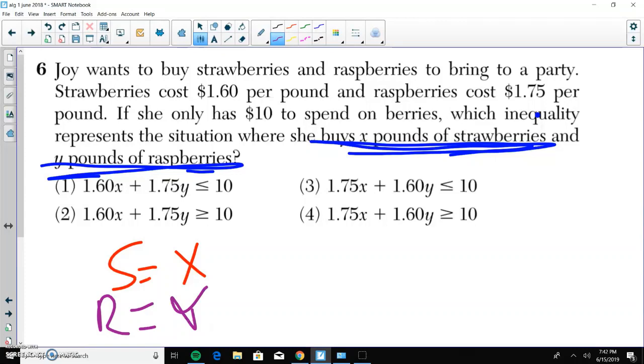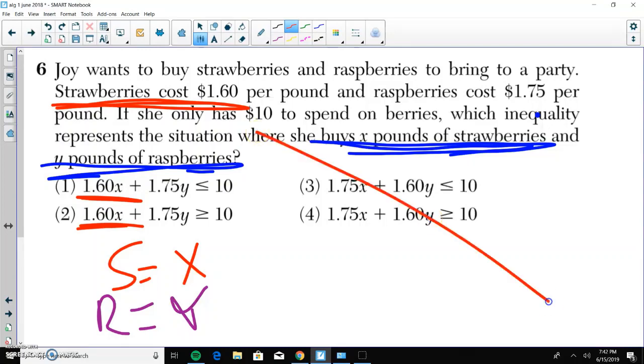Strawberries cost $1.60, so we know that $1.60 is going to go with X. So we already know it's going to be choice 1 or 2. Now, what represents Y is going to be raspberries, $1.75 per pound, so $1.75Y.